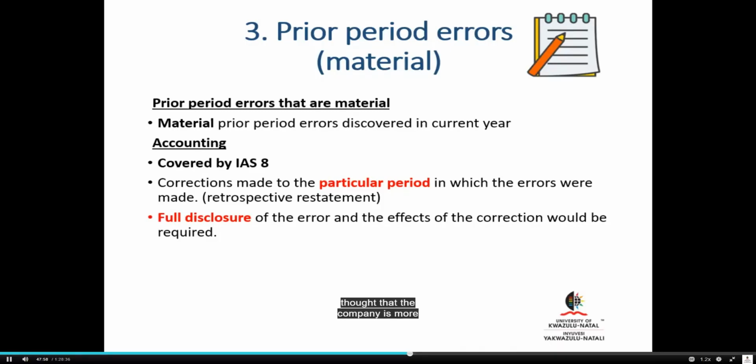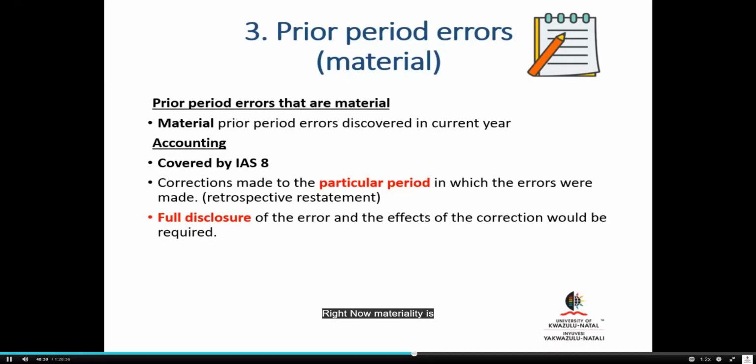So I would have thought that the company is more profitable than it is. Of course, it would have influenced me to make perhaps a decision. But if it's immaterial, it is not going to influence my decisions as the user of the financial statement. So something is material when it can influence the decisions of the users of financial statements, right?